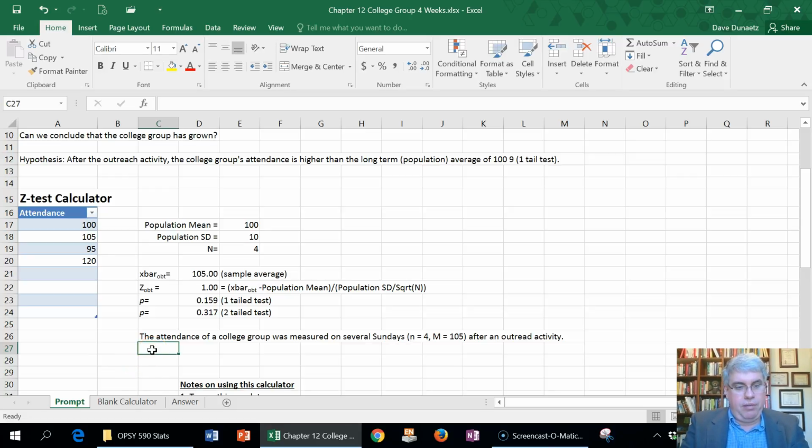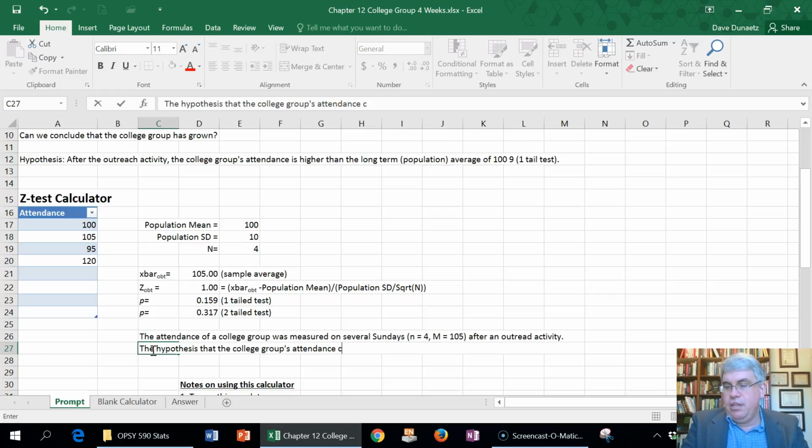And it wasn't supported, so I'm going to say the hypothesis that the college group's attendance compared to long-term attendance patterns.